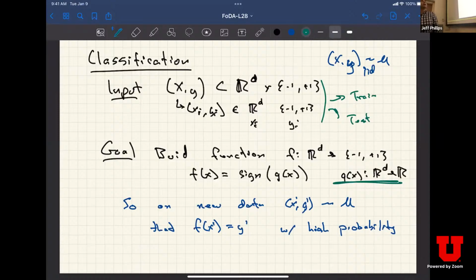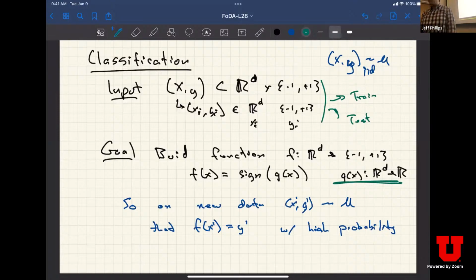We could build the function g of x, maybe the best from a class of, say, linear functions. This was a convex problem on the training set, and then we can tune some parameters on the test set or evaluate how well it's working on the test set. Because we assumed everything was IID, we could split, and both the training and the test set are going to be representative examples.